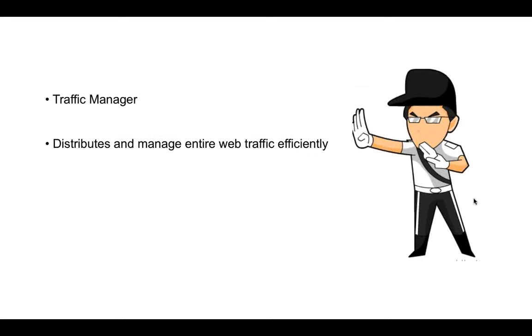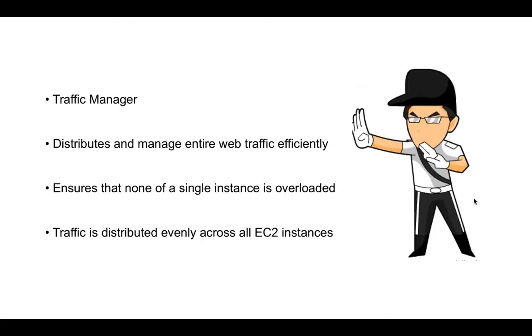It distributes and manages the entire web traffic efficiently. It ensures that no single instance is overloaded. So each instance will get an equal share of the traffic. The traffic is distributed evenly across all the instances. Plain and simple. Right?